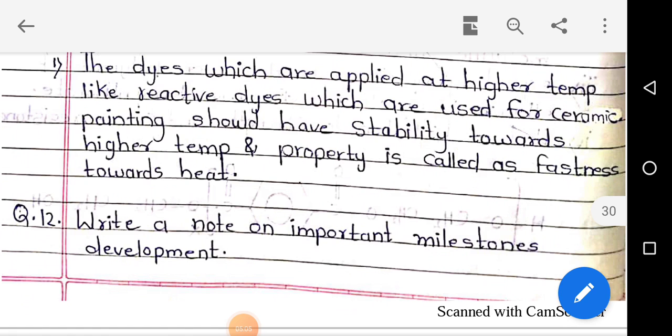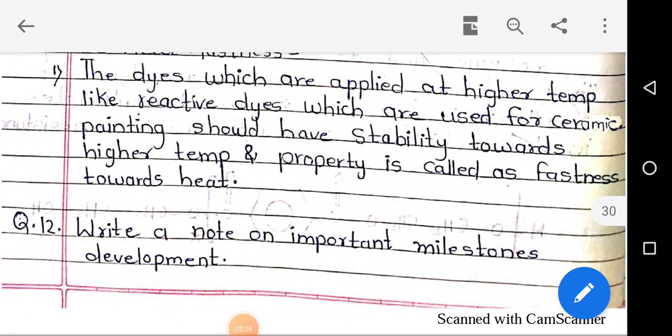We use these dyes for ceramics, and ceramic material is used to carry hot materials like tea, eating materials, sauces, soups, all these things. So it must bear the high temperature. It cannot lose its properties or mix with the high temperature materials. So this property is given to the dyes, that is fastness toward heat.